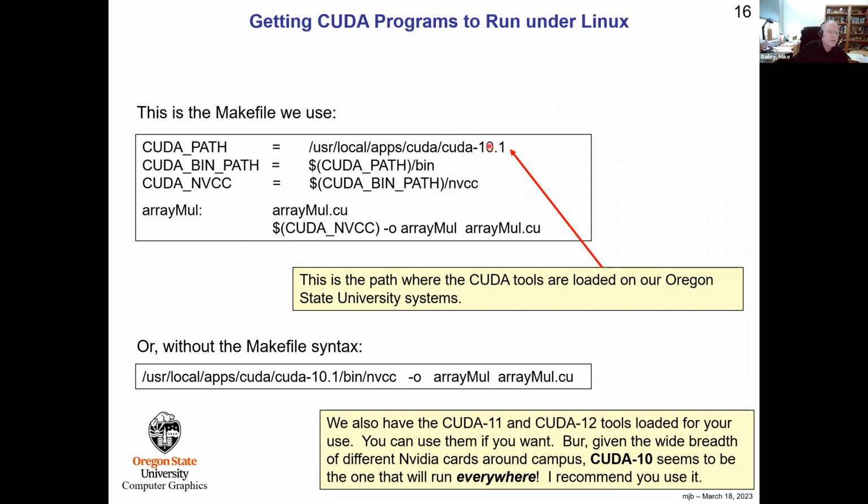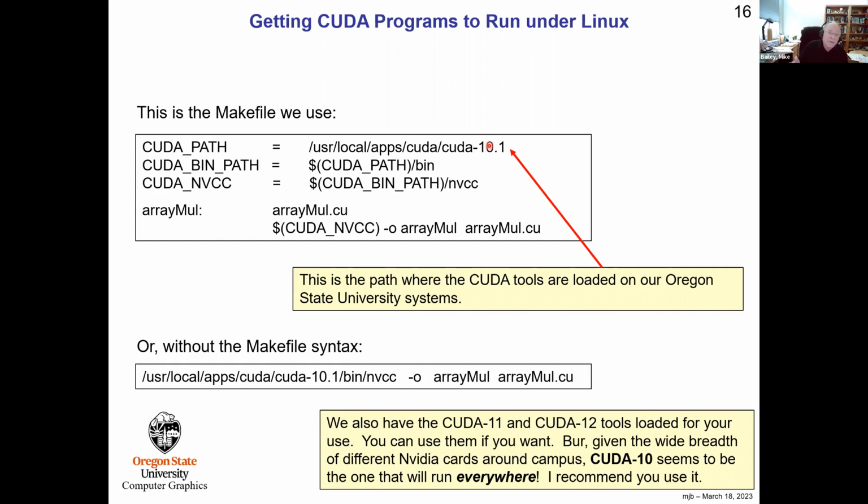CUDA is up to version 12 as of right now. We have so many different graphics cards on so many different systems around here. The commonality is CUDA 10. So if you put CUDA 10 in your makefile and your bash scripts, it'll work anywhere at Oregon State. Okay, you can use 11 if you want.